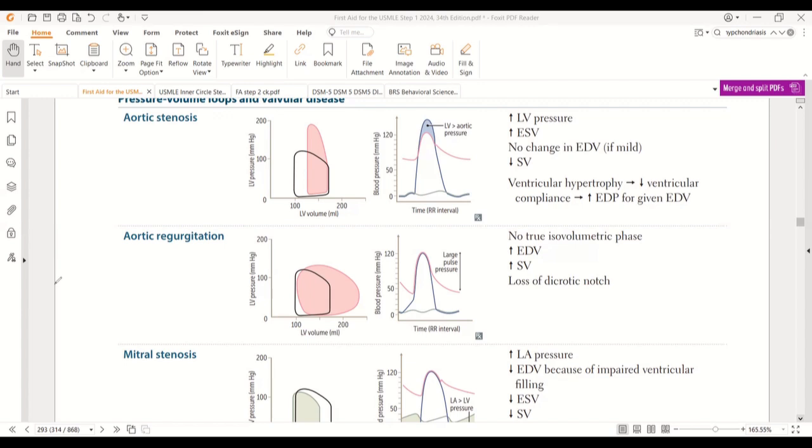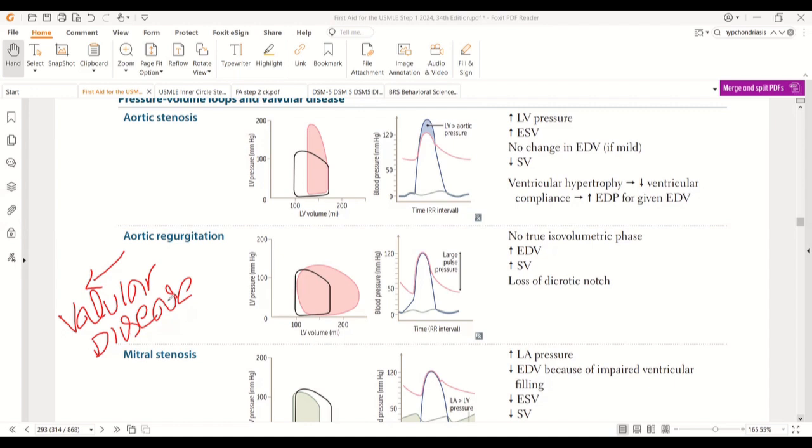If the cause of the aortic regurgitation is valvular disease, where would you hear this murmur? Around the left sternal border.